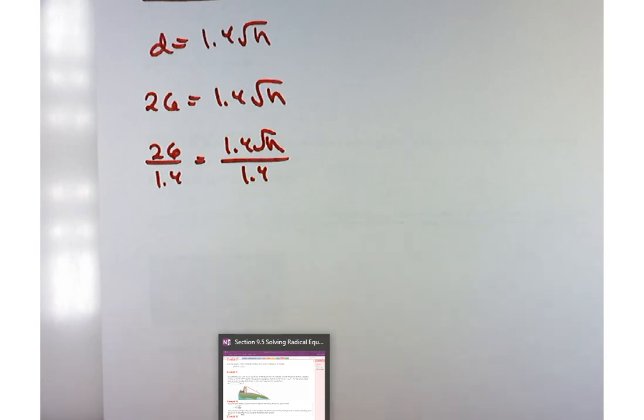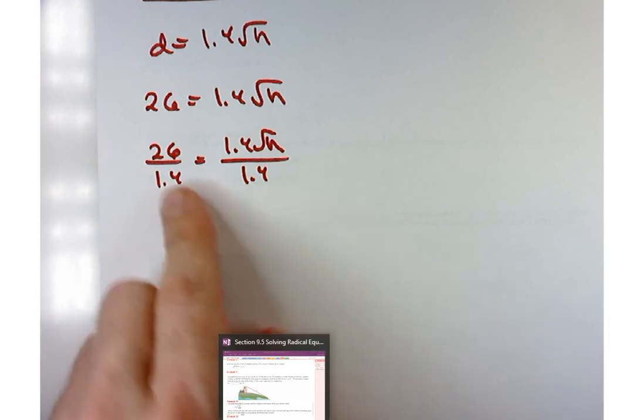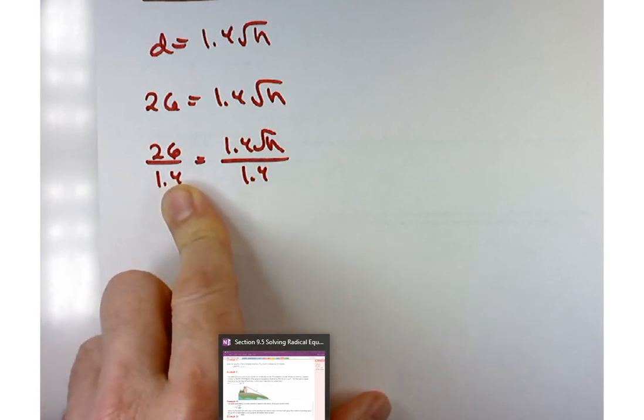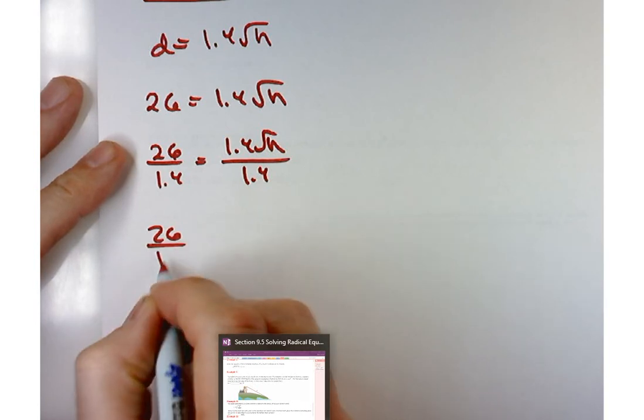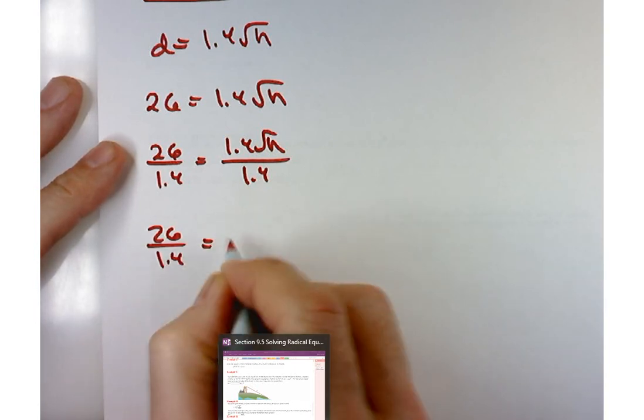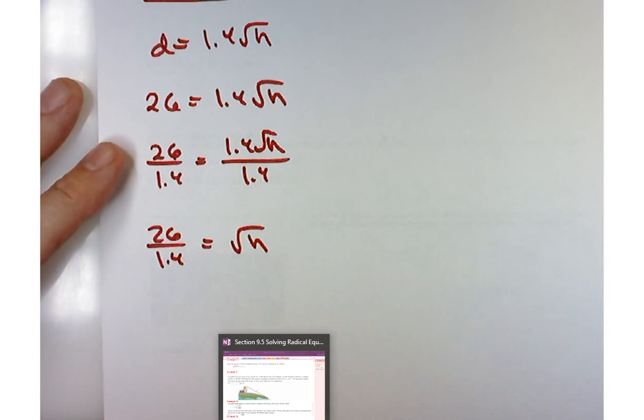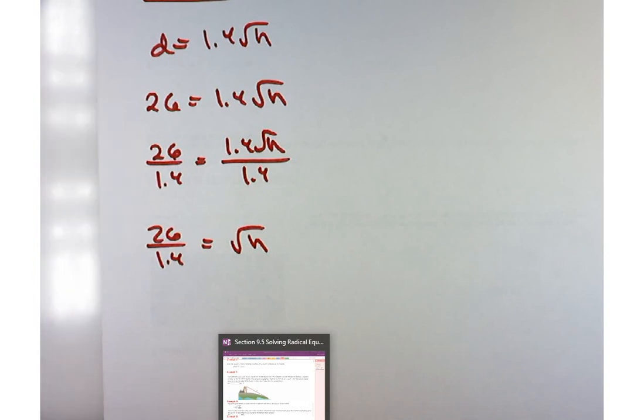Now, unfortunately, the left-hand side doesn't work out to be anything really pretty when you do that. That's okay, we'll just leave it as is. 26 over 1.4 equals the square root of h. What do we got to do to solve for h?